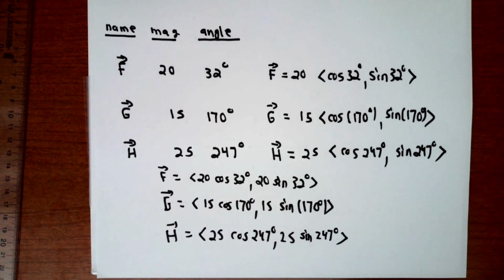The second component of the total force, the resultant, F plus G plus H, will be that number plus that number plus that number. If I wanted to waste a lot of time, I would figure out all of those numbers individually on my calculator, carefully write them down, and then add them all up. But that's not what I'm going to do. I'm going to push the ugly work off onto the calculator.